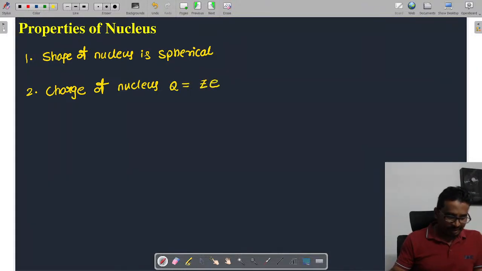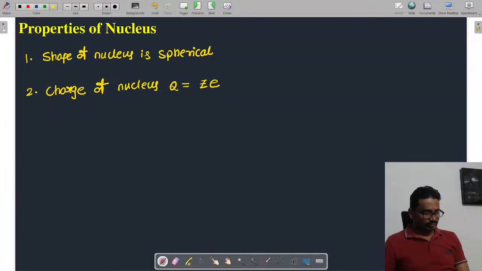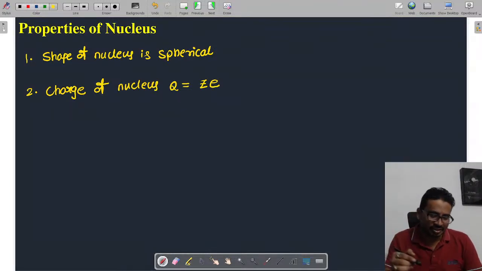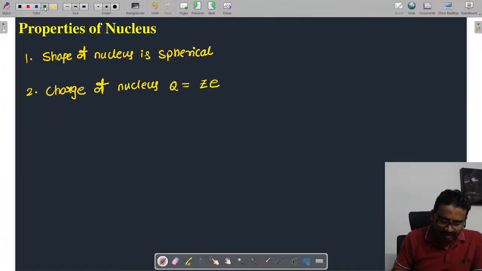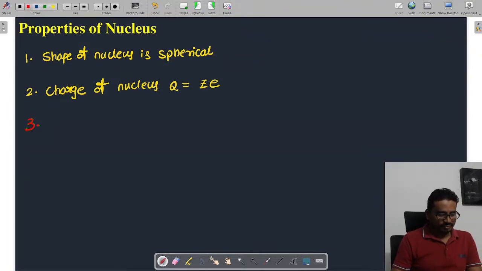Z into E. Q is equal to Z into E, where Z is the atomic number and E is the electron charge. Right. Next one.